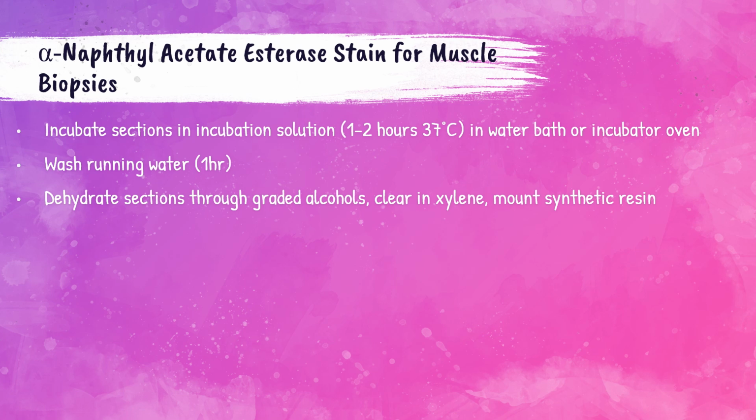The section should be incubated in incubating solution for 1 to 2 hours at 37 degrees Celsius in either a water bath or an incubator oven. After this time frame, the section should be washed in running water for 1 hour. After the 1 hour period, the section should be dehydrated through graded alcohols, cleared in xylene, and then mounted with a synthetic resin.